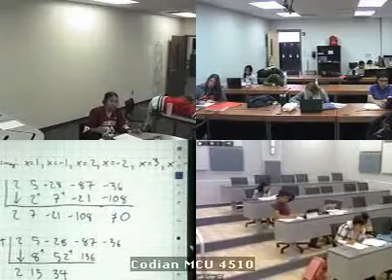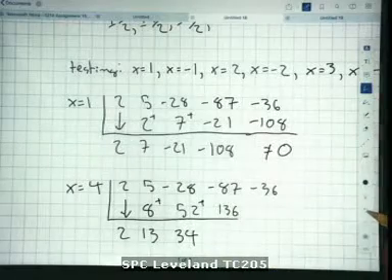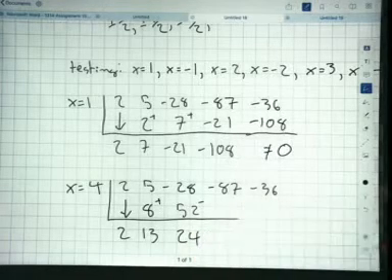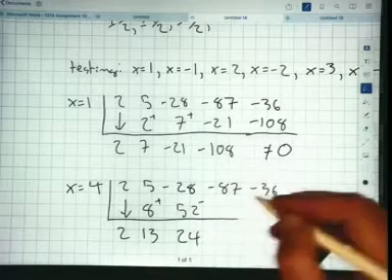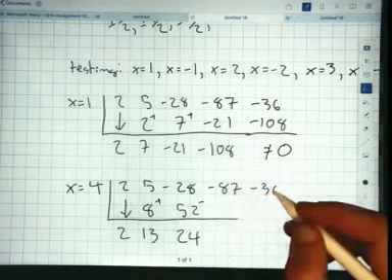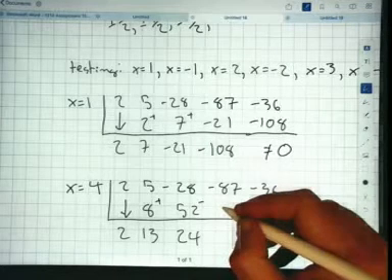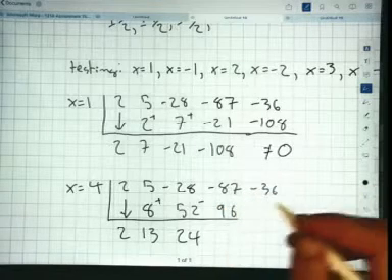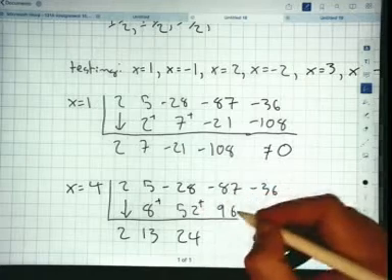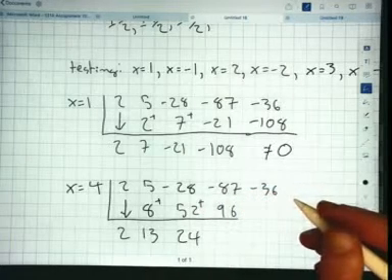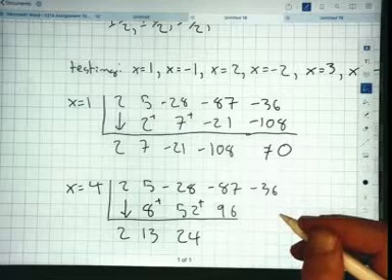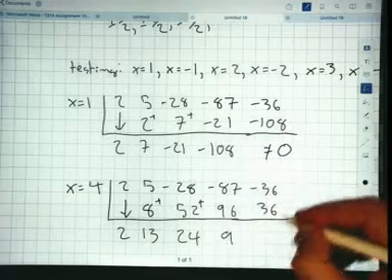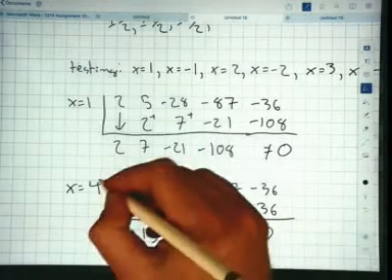Negative 28 plus 52 is 24. 24. I think that'll work out better for us. Times 4, that's going to be a 96. Then the difference between these two is going to be a 9. 36, 0. Good. X equals 4.